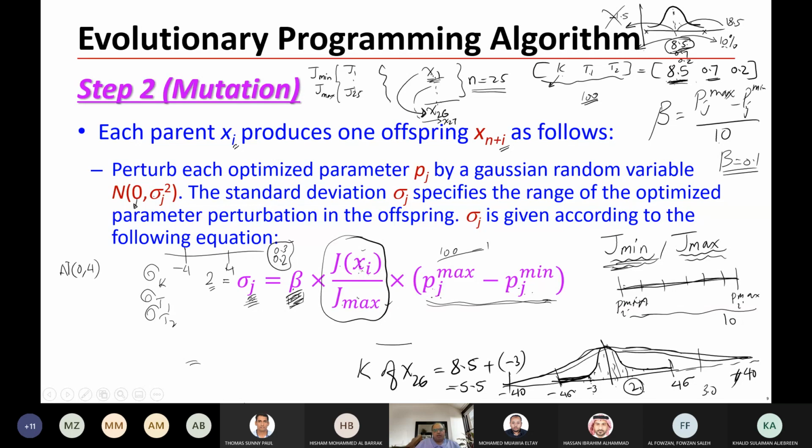For example, in the homework that I gave to you, the objective function is to maximize minimum zeta. So let us convert it to minimize by multiplying it by a minus sign.